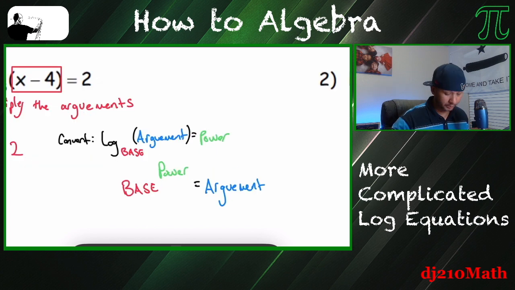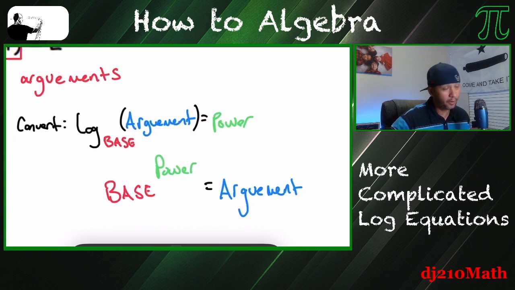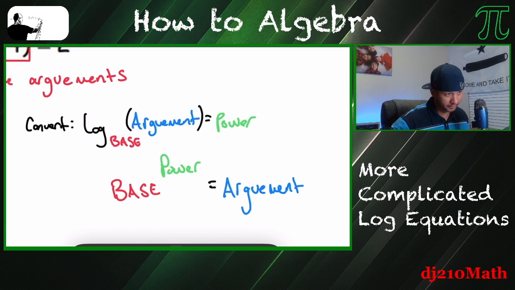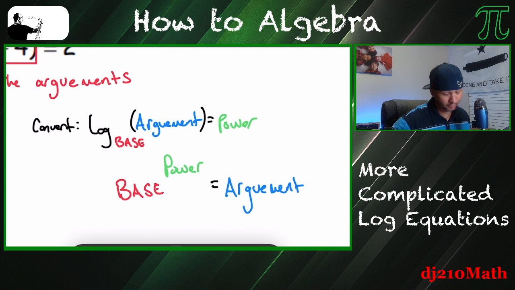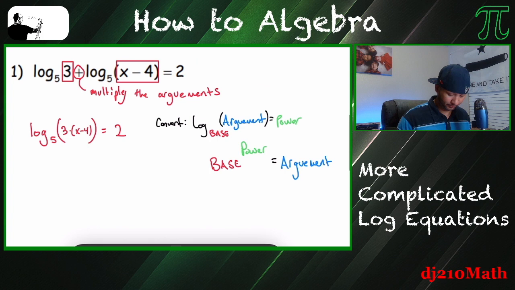So we use this kind of schematic to rearrange, converting back and forth between logs and exponential form. So this is a very good and useful screen. All right. So with that being said, the base is 5, and the power is going to be 2, and the argument is going to be 3 times x minus 4.